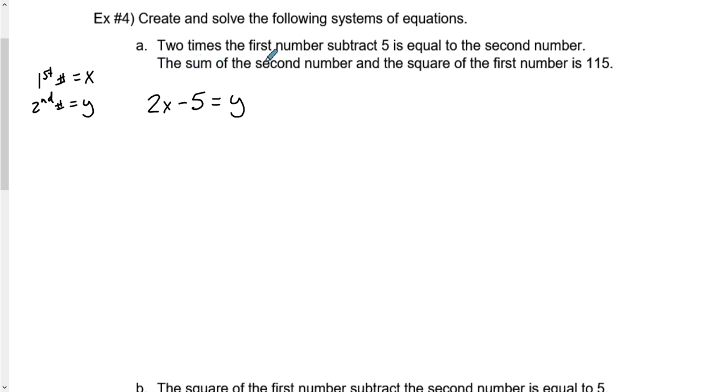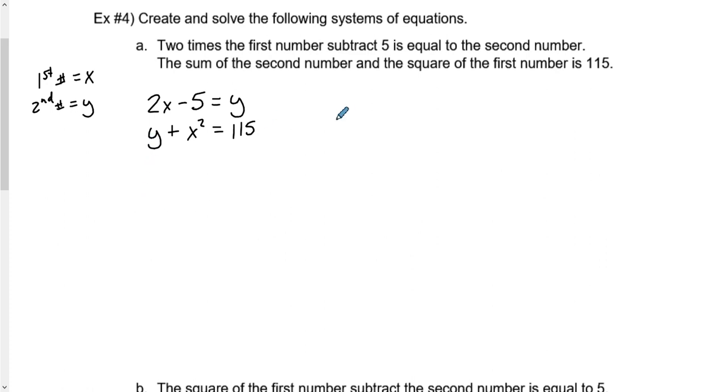The sum of the second number and the square of the first number is 115. So sum means add, so if I just take my second number, which is y, and the square of the first number, so the square of x is x squared, "is" is a key word for equals, 115.